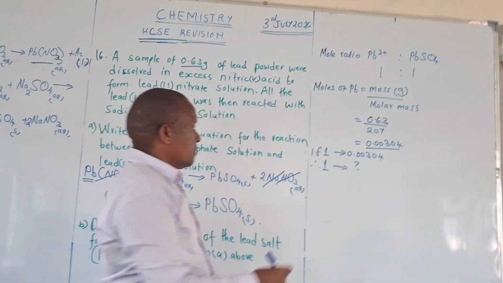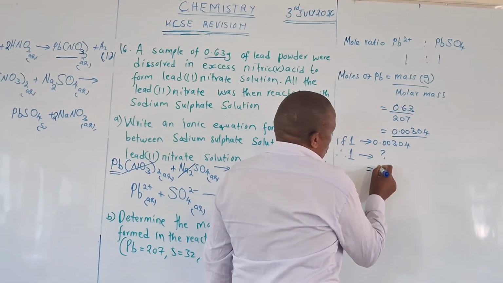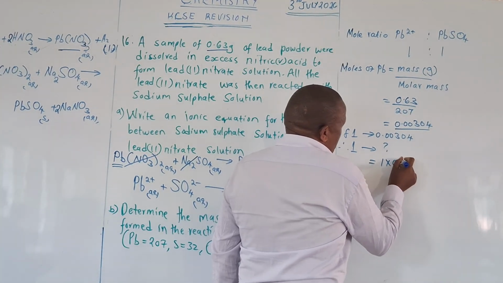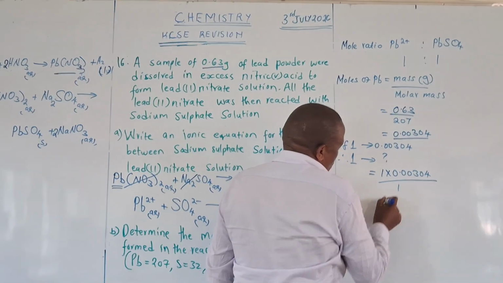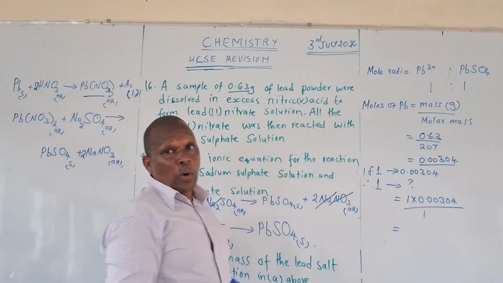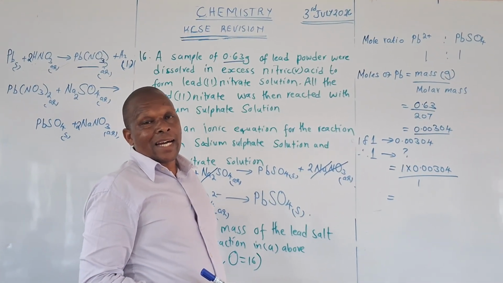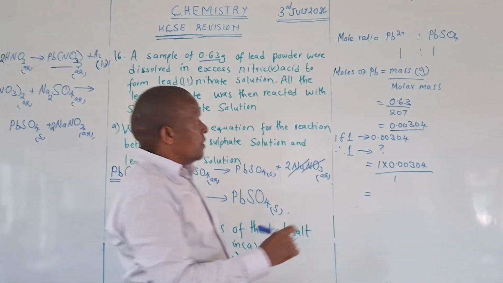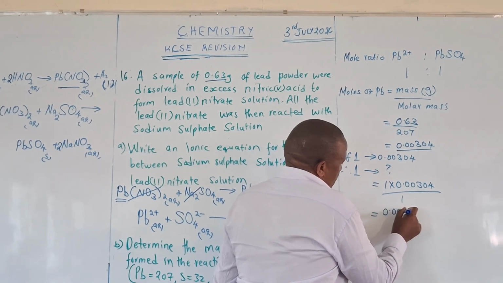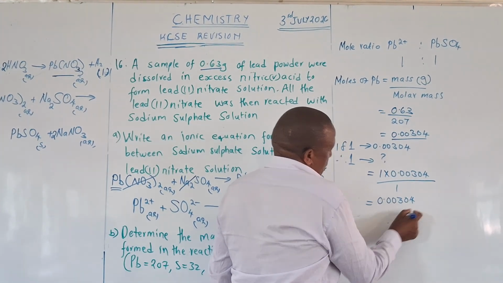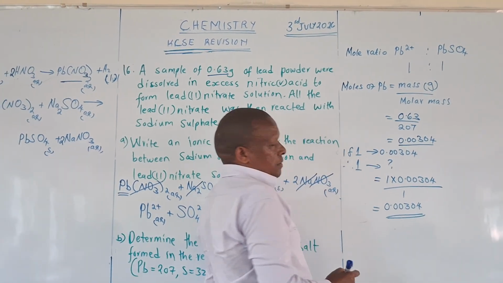Will be what? So this one will be 1 times 0.00304. We divide by 1. We must show the working, even if we are sure that the answers are the same. The same. Very good. So the answer for lead sulfate will be 0.00304 moles of lead sulfate.